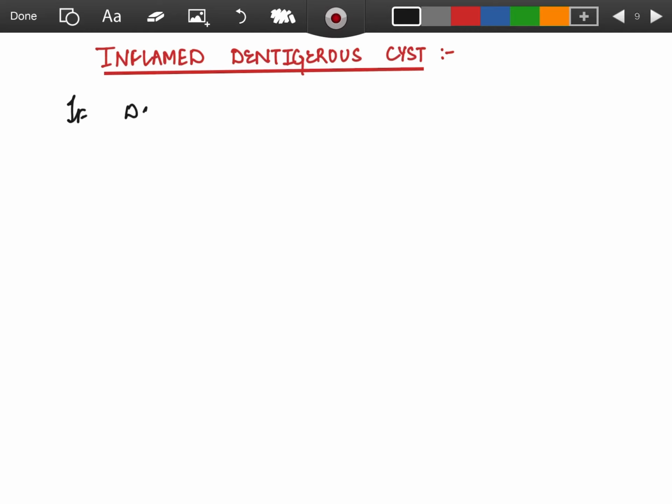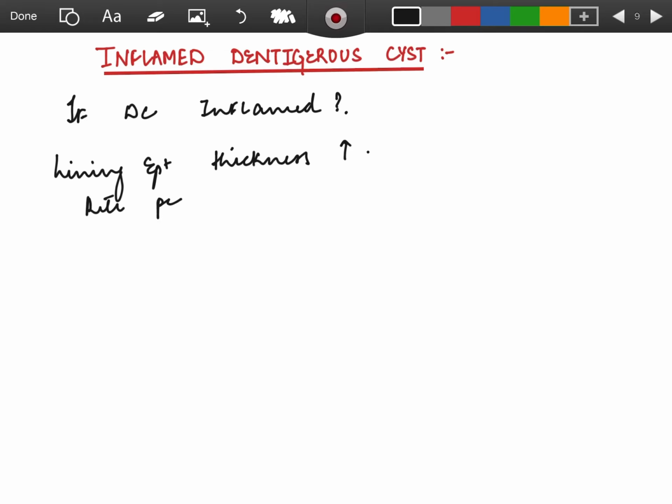Now if there is an inflamed dentigerous cyst, what happens? The lining epithelium thickness, which was 1 to 3 layers thick, increases, rete pegs are elongated, and there is hyperkeratinization, which was normally absent.